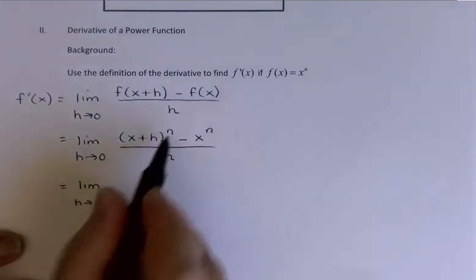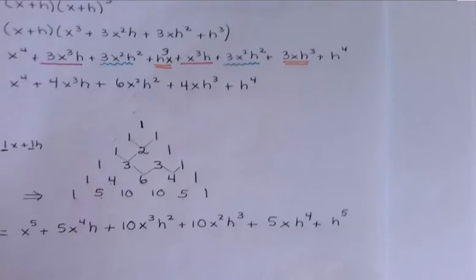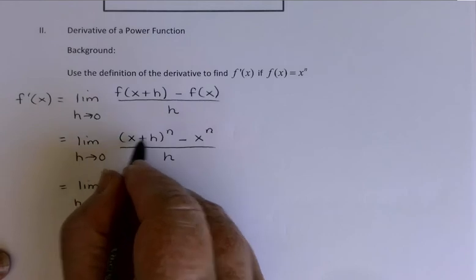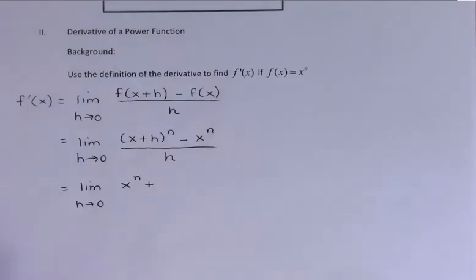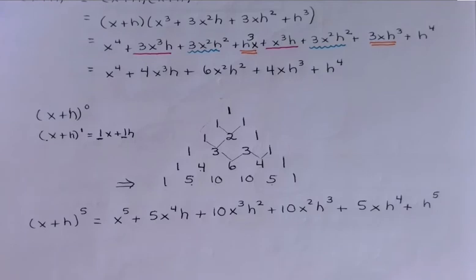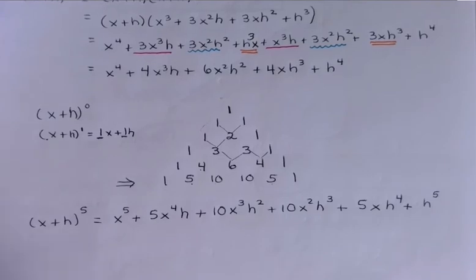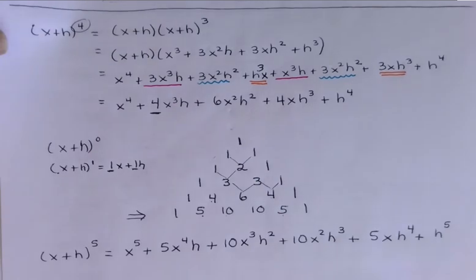All right, so x plus h to the n. We know that the first coefficient in every single row was always a 1. So we're going to start out with 1x to the n power. Now notice that the second coefficient in each row was always the value of the exponent, right? When it was the 4th power, this coefficient was 4.